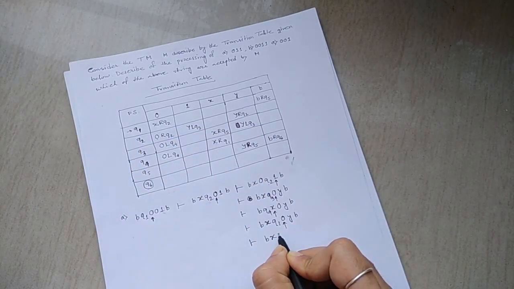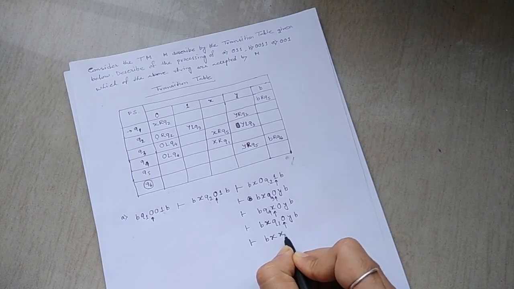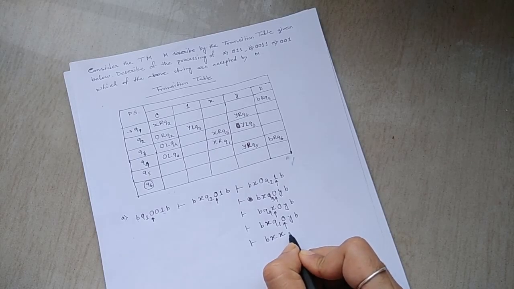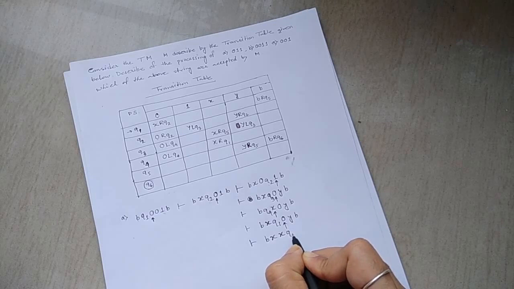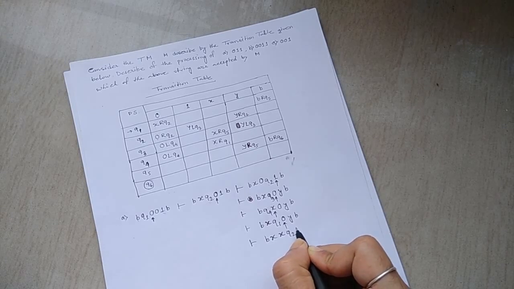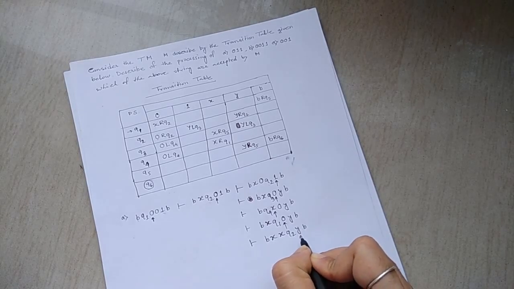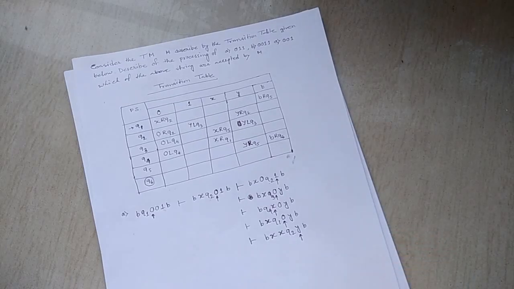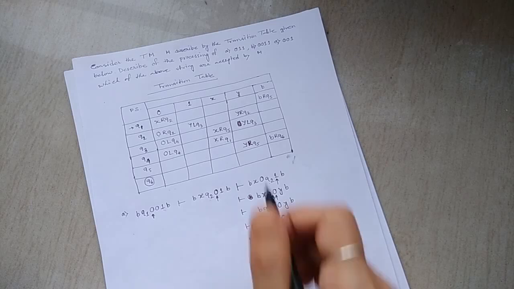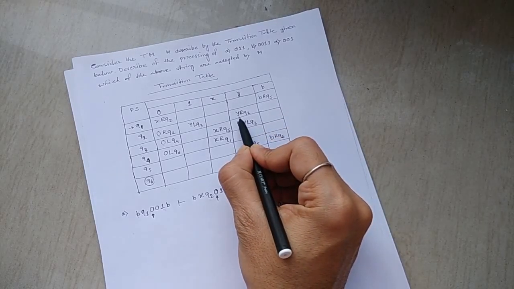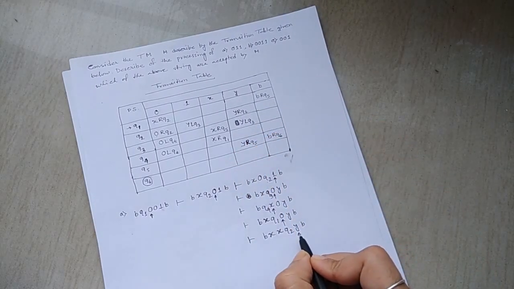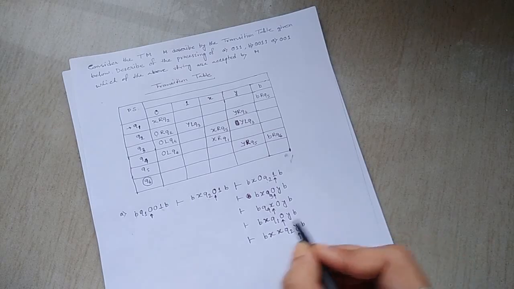So after the second X, 0 is replaced by X, the head shifts to the right side, the state changes to Q2, thereafter Y, thereafter B, and it will read at Y. Now at Q2 with Y, in this column, Y will be replaced by Y and it will move towards the right side.